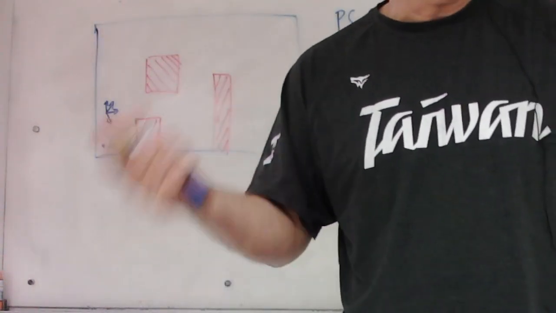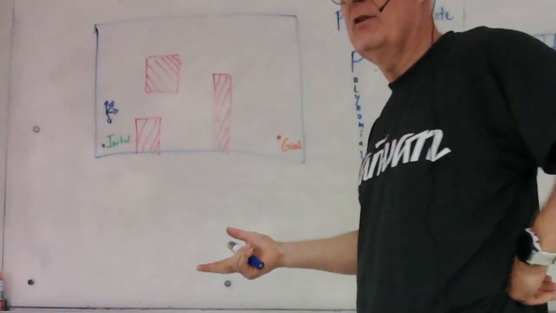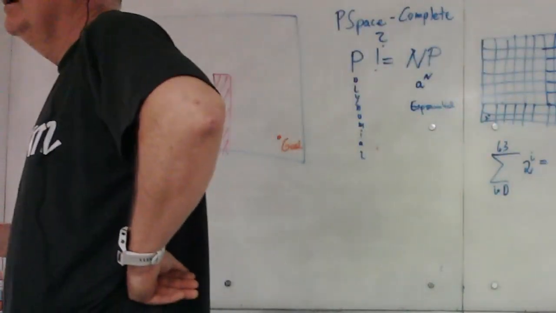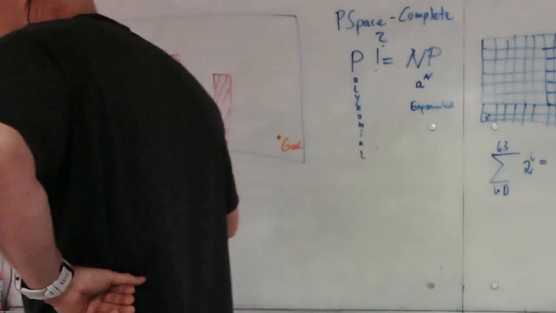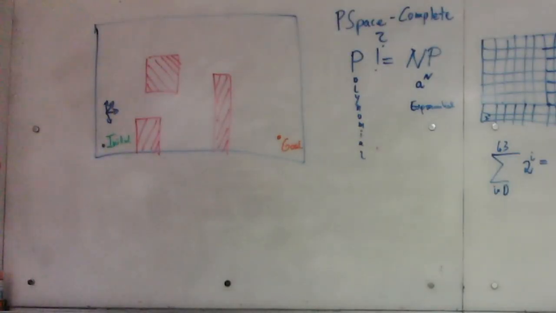Depth first search, breadth first search, A-star search, right? These algorithms, they are the kind of search algorithms that we usually apply.